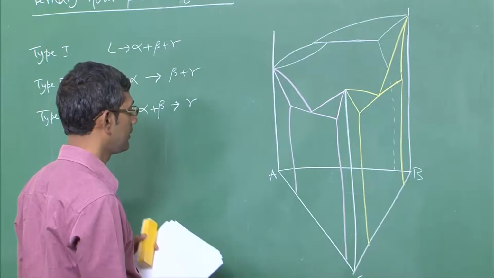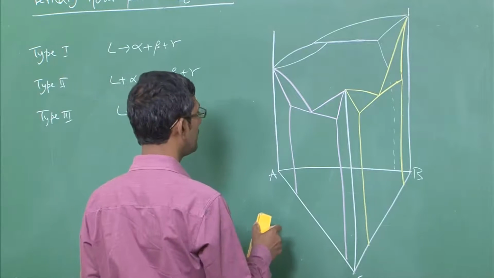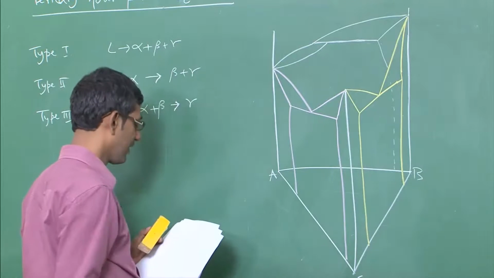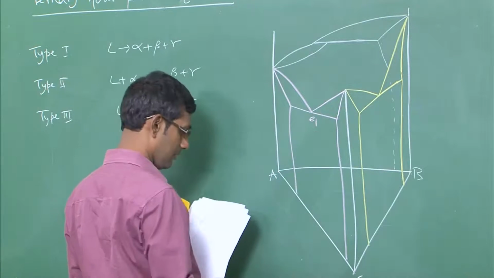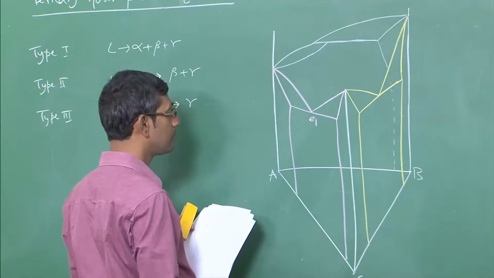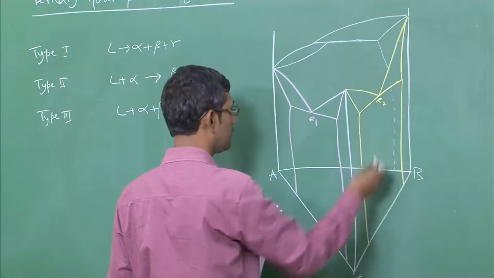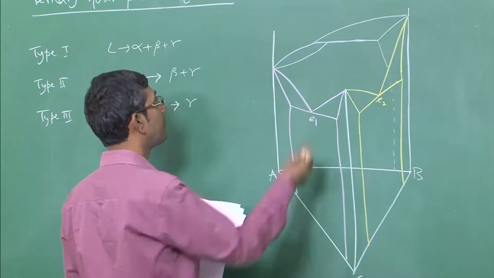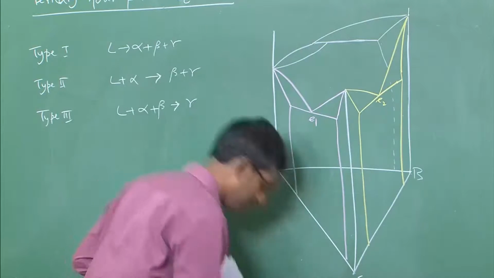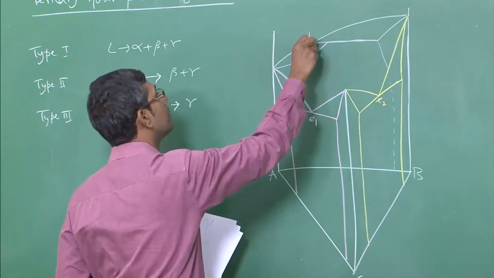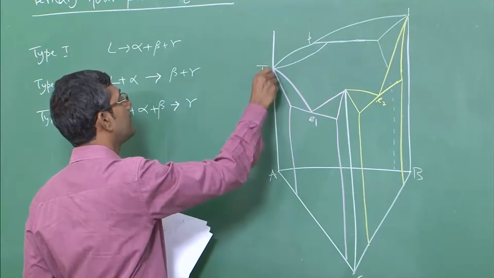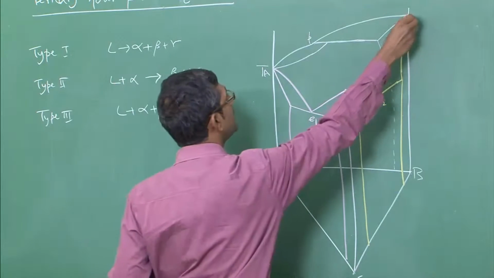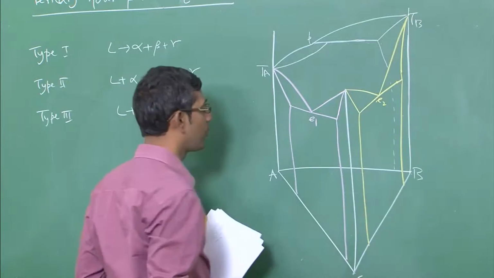Okay, I think I have made a mistake here. Yeah, no, it is correct. So, I have got two eutectics, E1 and E2. And this is the peritectic, small p. So, therefore, this is TA, TC and TB. TC I am not drawing.